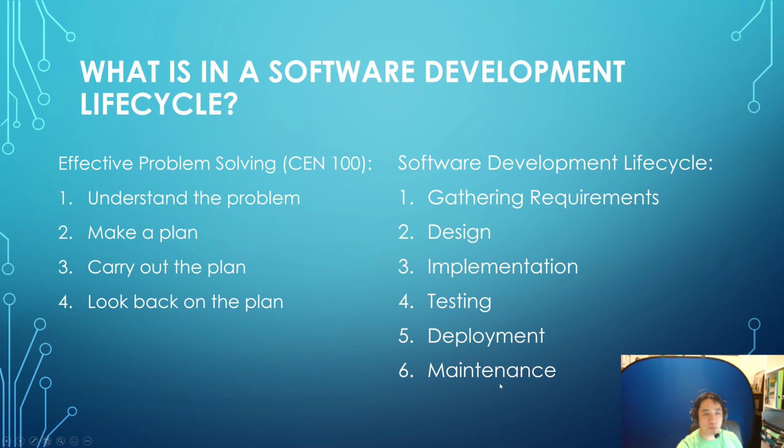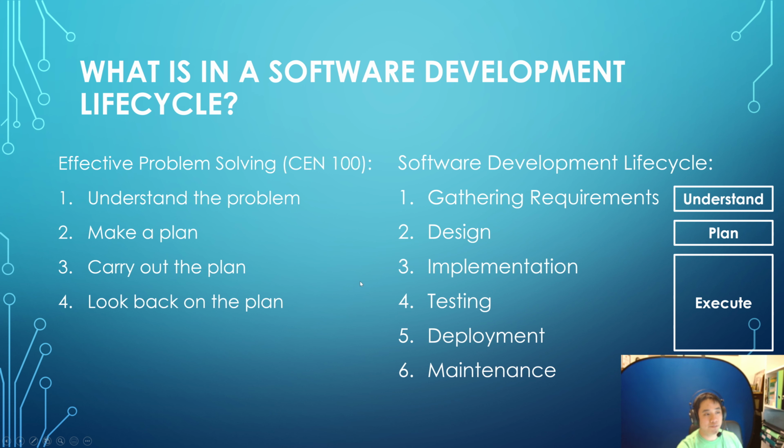So how this relates to CN 100 is that the steps of effective problem solving exist in the processes in the life cycle. So we understand the problem by gathering requirements. We make a plan by designing how we're gonna approach this problem.